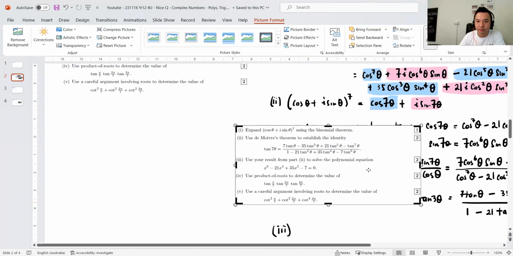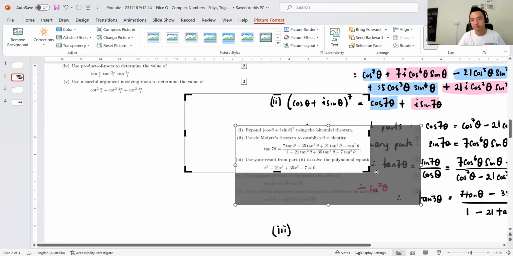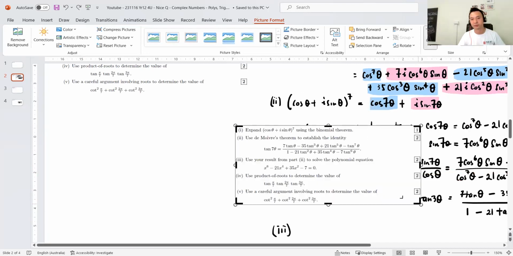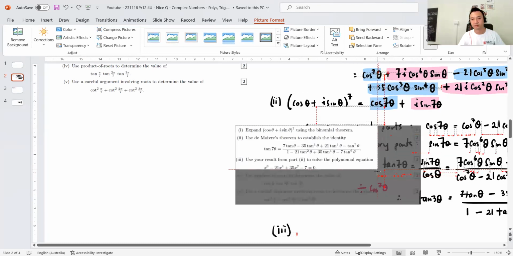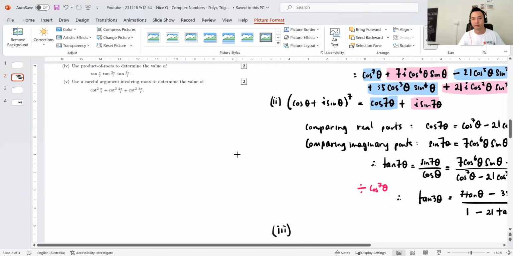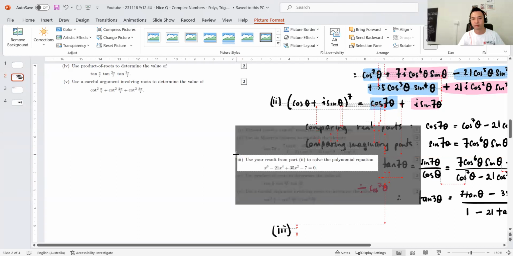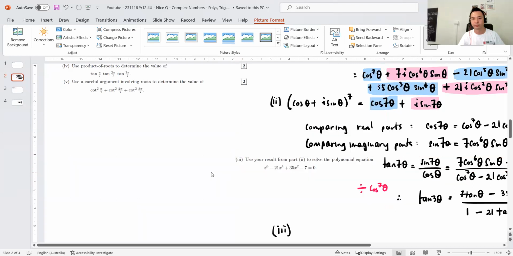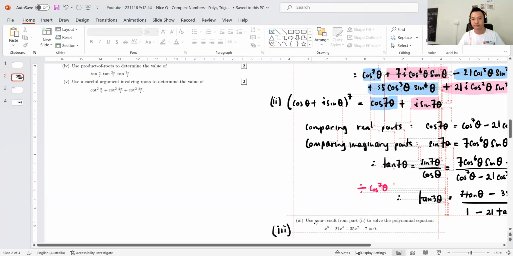Let's just crop. Oops, that wasn't what I wanted. Okay. Come on, PowerPoint. Yeah, crop that. Move that down here.